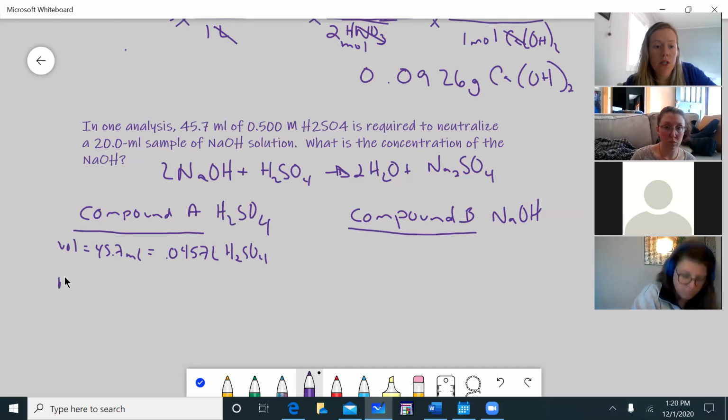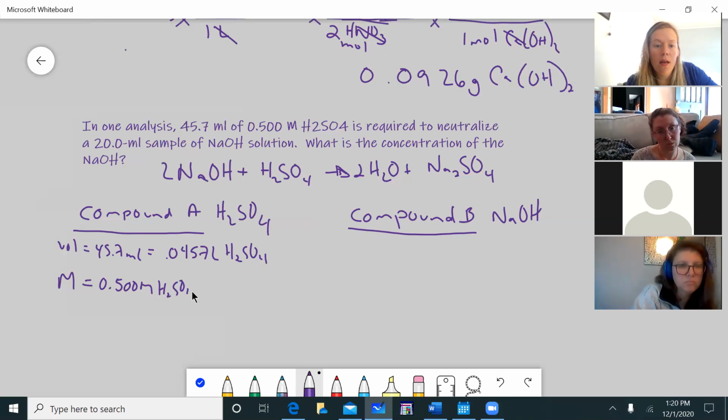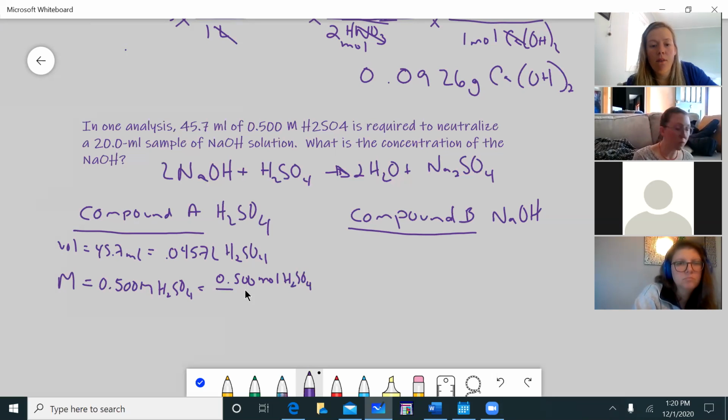I know my concentration or my molarity is equal to 0.500 big M H2SO4. And again, right off the bat, I'm just going to make that into moles per liter so I can use it as a conversion factor, 0.500 moles of H2SO4 in every 1 liter of the solution. Over here in compound B, we know our volume.